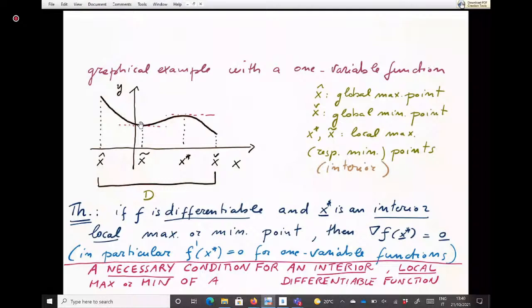X star is a local maximum point, and the upper bound of the interval, which is x with this reversed hat, is a global minimum point. Can you see it? Based on the definition. However, this one and this one are boundary points of the domain. They are not interior. So what I'm going to say next doesn't apply to them.